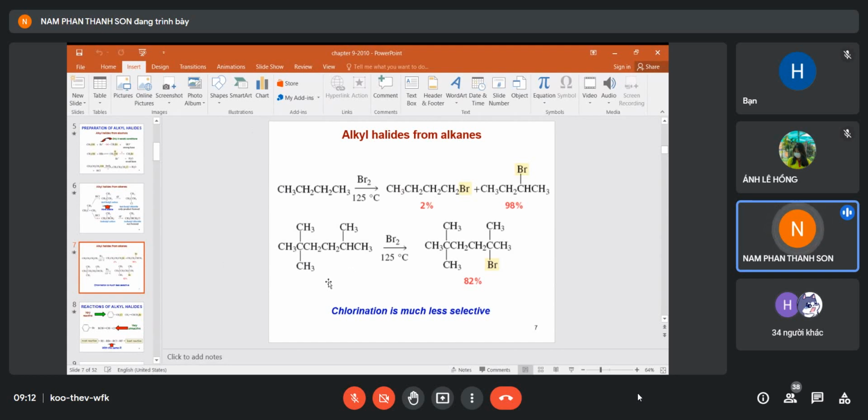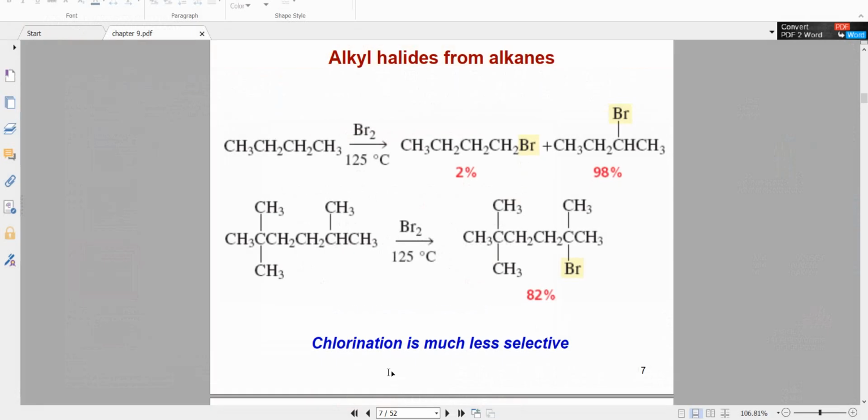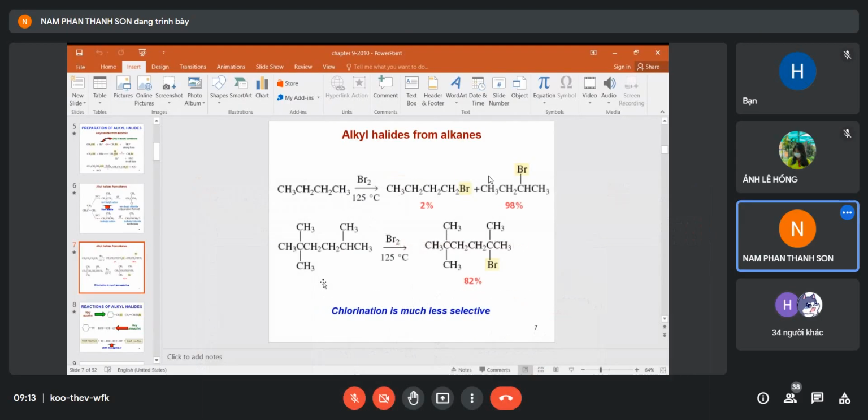You already took a note in chapter 4, but take note again. Do not carry out the chlorination reaction in exams, because you get a lot of products. We don't like that.